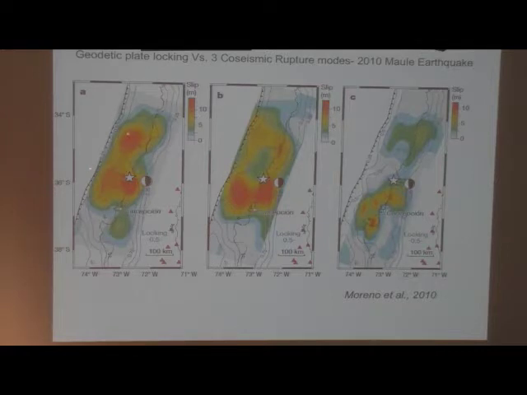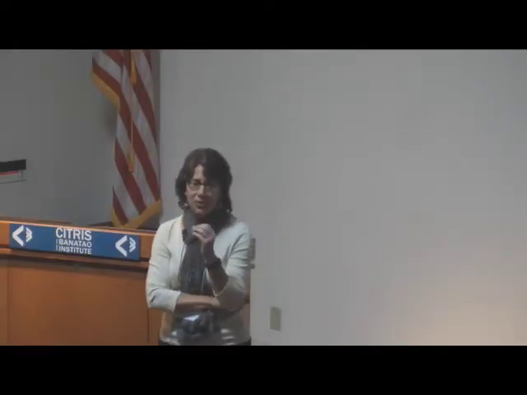So I wanted to show you that we're close. There's definitely a relationship between the locking and the slip distribution of the earthquake, but as variable as these slip models are for the same earthquake, I'm only showing you one model of the locking. If we had 3 models of the locking, they would probably vary a little bit too.